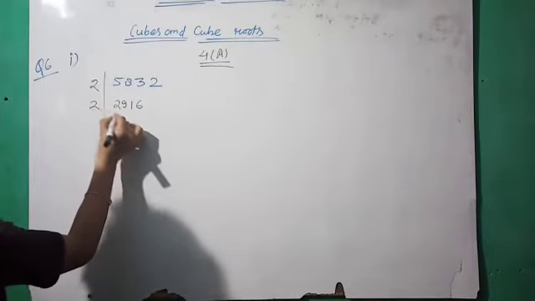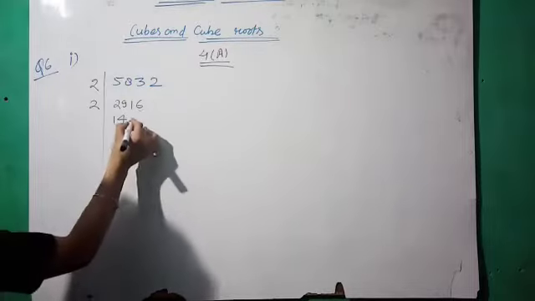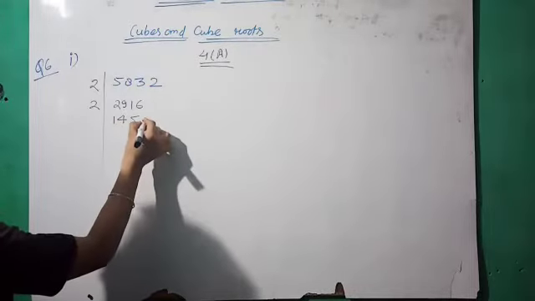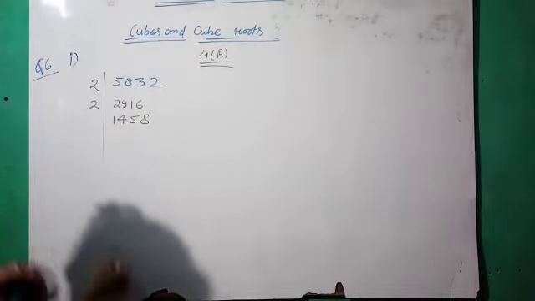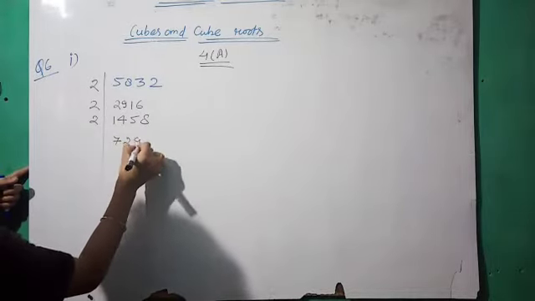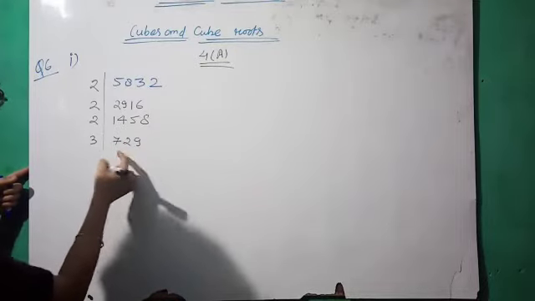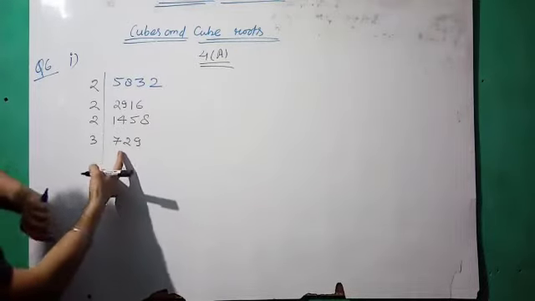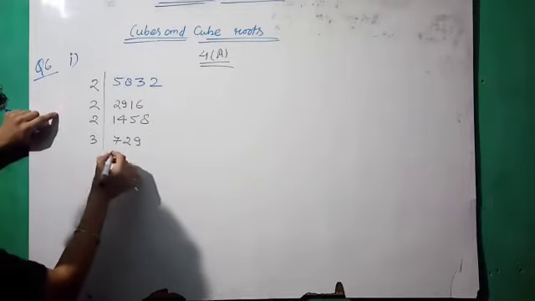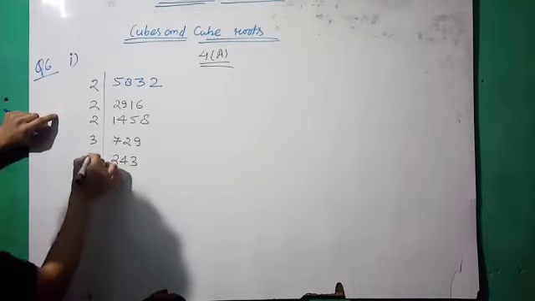Again divided by 2, 1458. Then 729. Now divided by 3, 7 plus 2 plus 9, 18. So this number is divisible by 3. Again divide by 3.